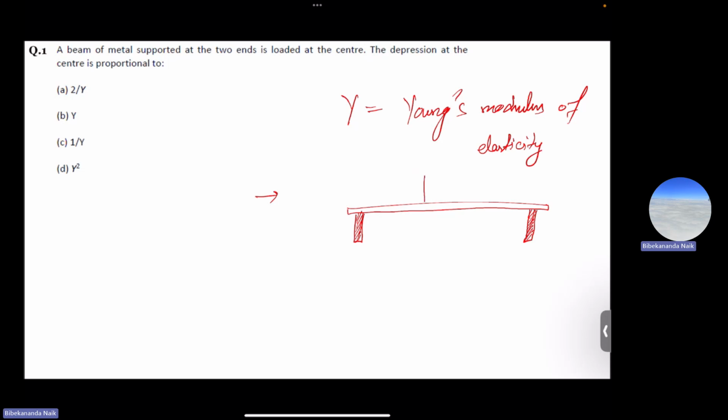So in the center some load is provided, and due to this load and due to the property of elasticity there will be depression. Suppose this was the initial central line, and due to the application of the load it became like this. So this is the depression at the center.